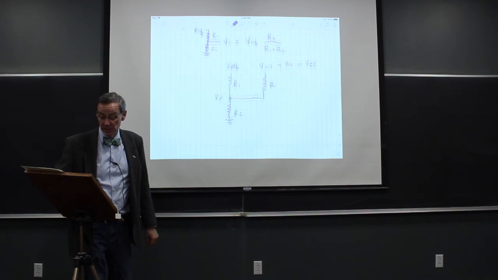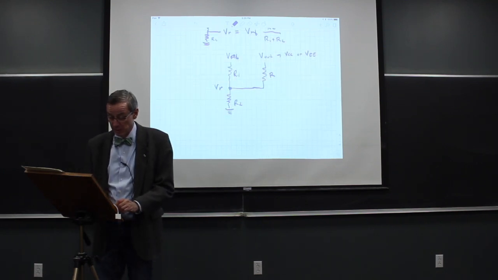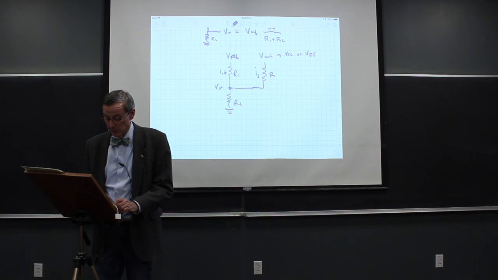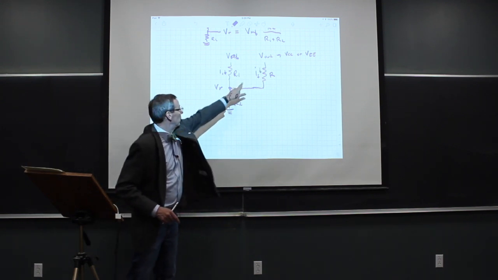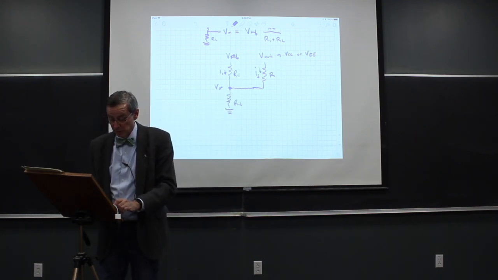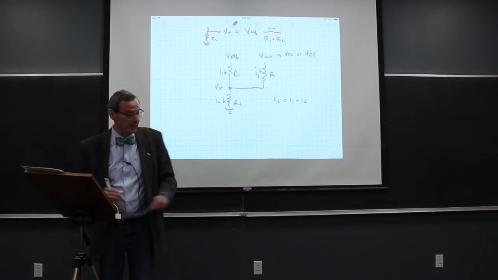If we look at this, there is a current I1 flowing through here, a current IF flowing down there, and we'll call it a current I2 flowing through here. And we know that I2 has to be I1 plus IF.